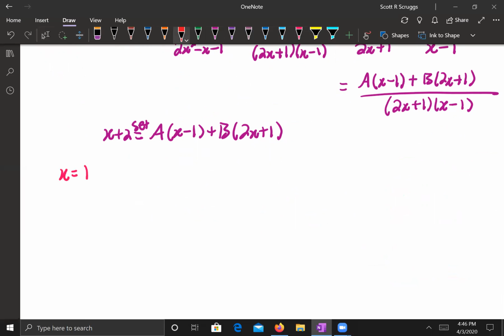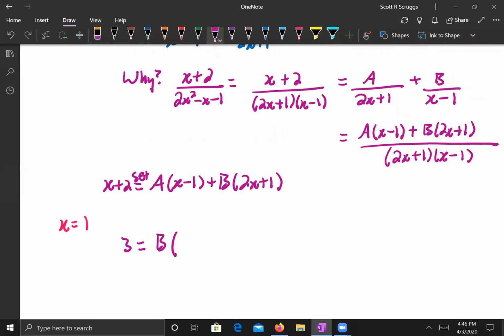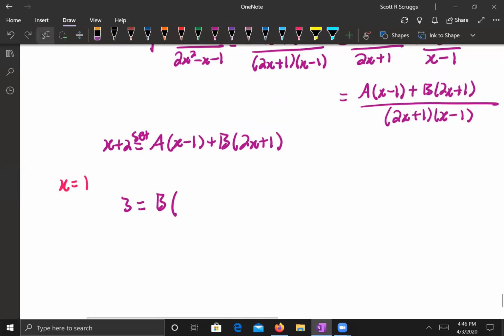And so I'll have 1 plus 2, which gives me 3 on the left-hand side, equals 2b. Plug in 1, so 3 divided by 3, I get 1 equals b.